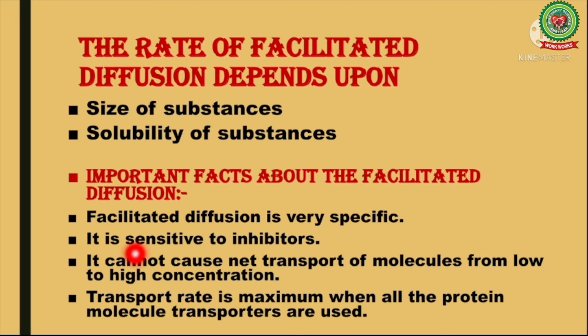The third one, it cannot cause net transport of molecules from low to high concentration, as this would require input of energy. The fourth point is transport rate is maximum when all the protein transporter molecules are used, that is when saturation occurs.